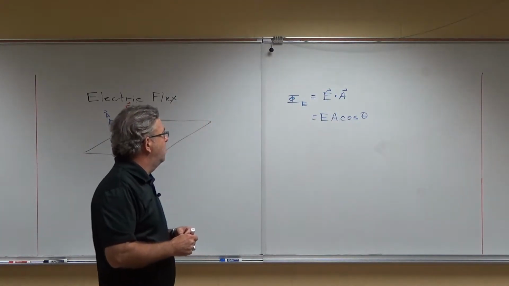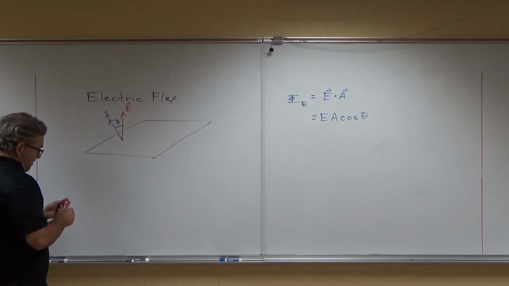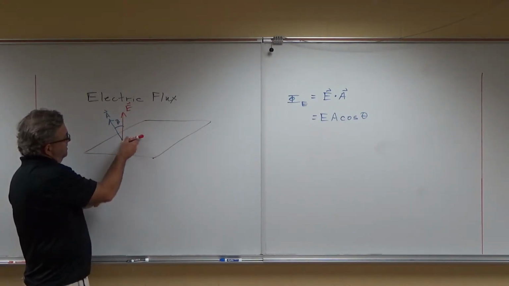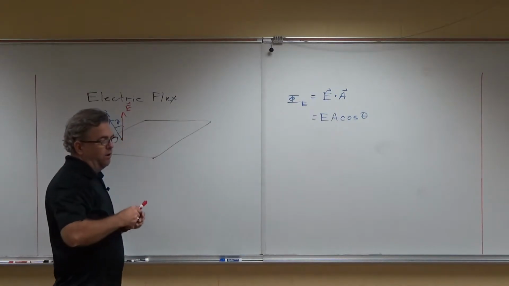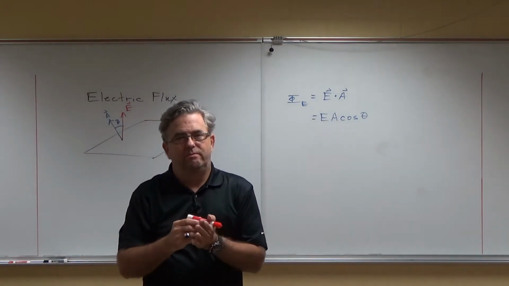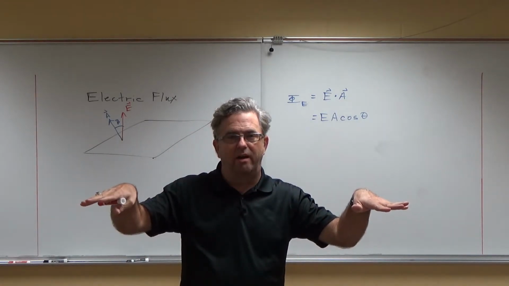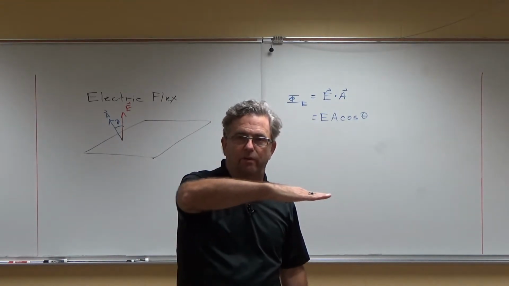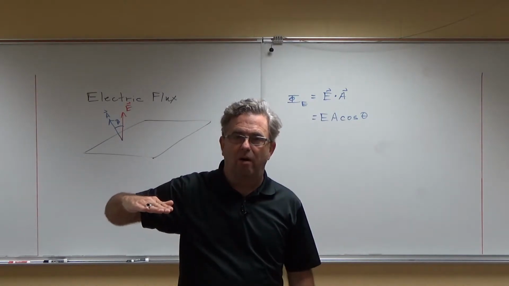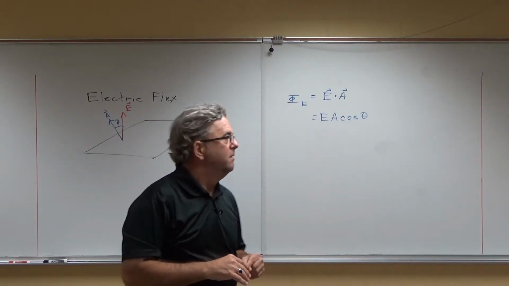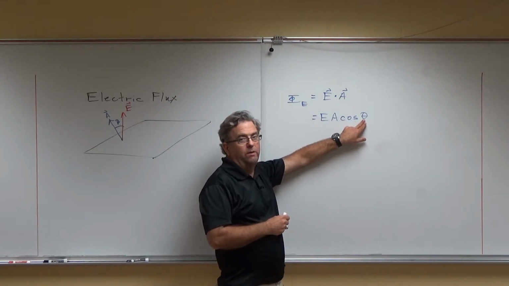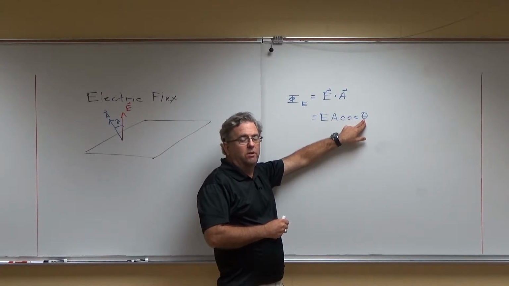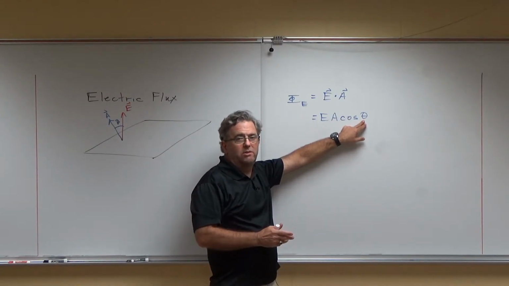That's electric flux. If the electric field is in the plane, so in other words, if, say I have this nice flat area and I've got an electric field that is parallel to that area, okay, then the angle between the electric field and the area vector is 90, cosine 90 is 0, that's no flux.